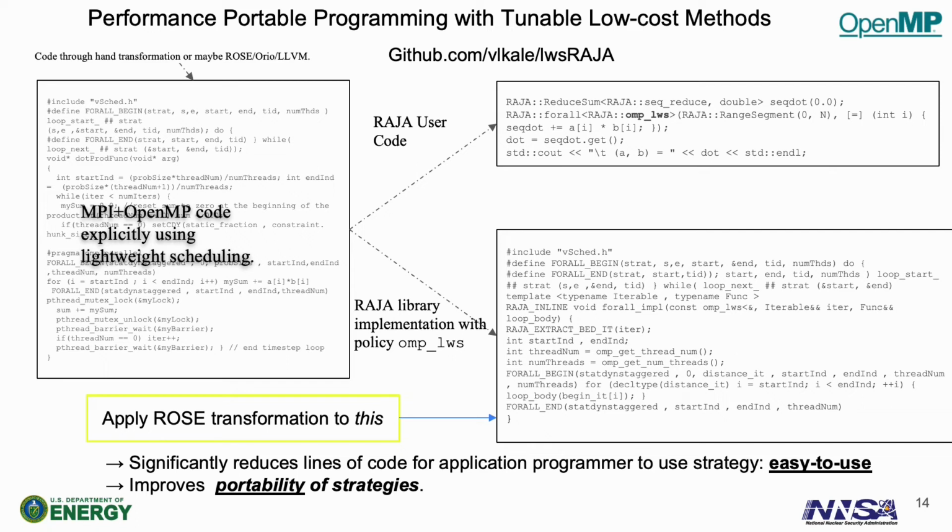So with our strategy, we actually are adding a new lightweight scheduling policy, or OMP LWS, in RAJA. This is passed into the RAJA forall, and then the range segments are specified here.